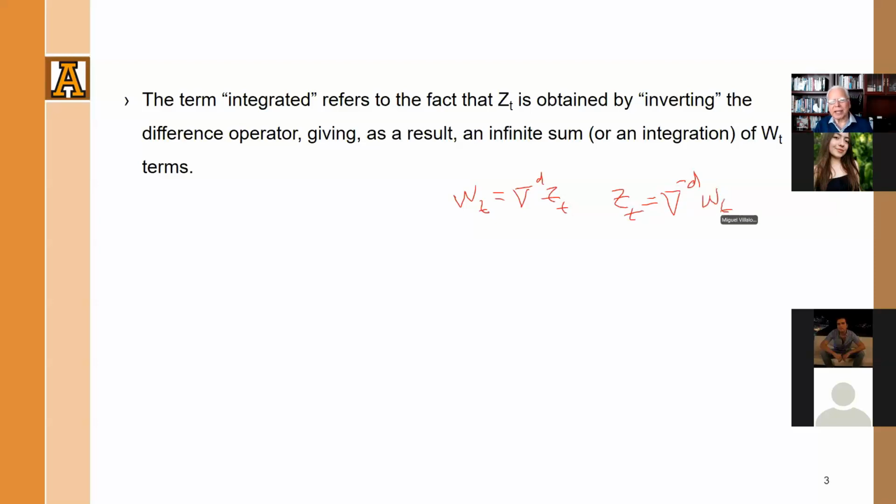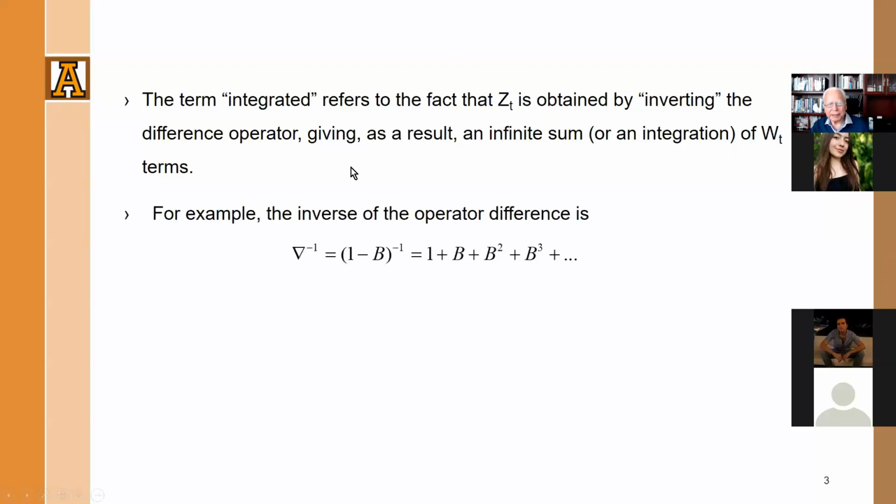So I'm inverting the difference operator, and the difference operator is equivalent to a derivative. The inverse of a derivative would be an integral. So that's why we call these things integrated, because of the equivalence with an integral. We're integrating WT to get ZT back.